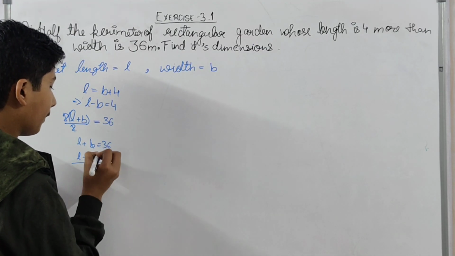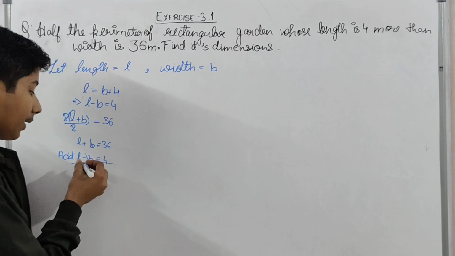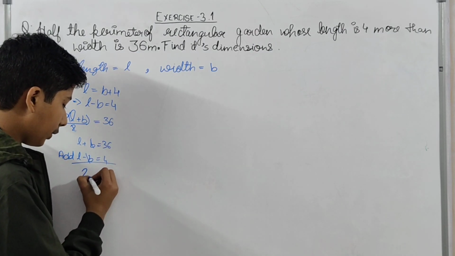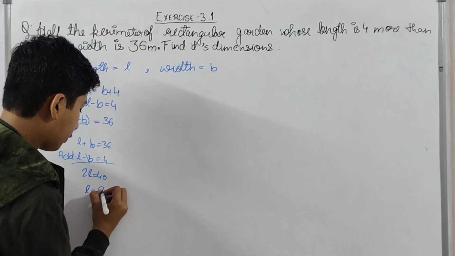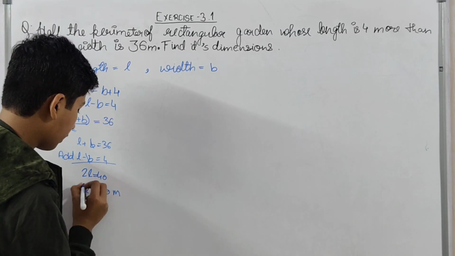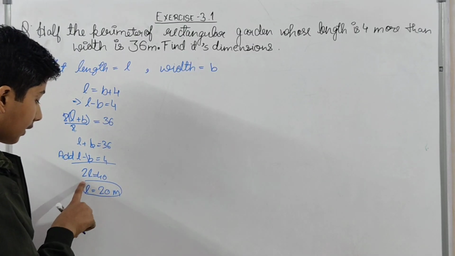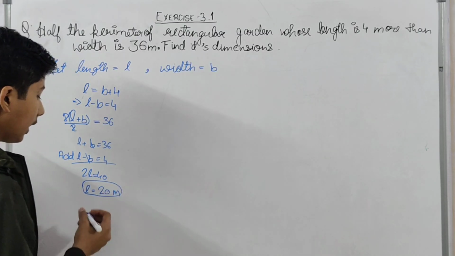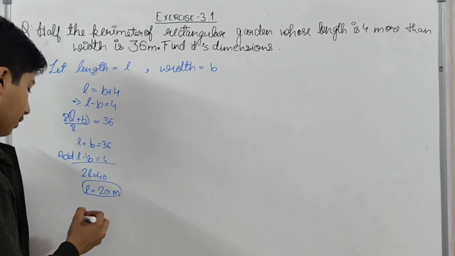So when we add them by the elimination method, it becomes 2L equals 40. So L equals 20 meters. Now we put L in any of these equations.